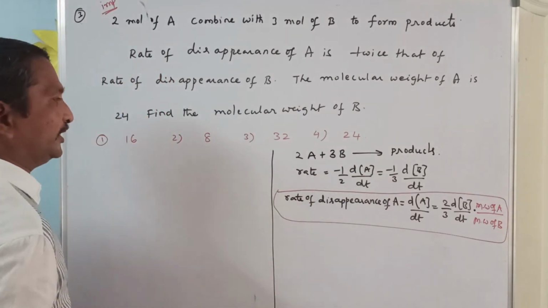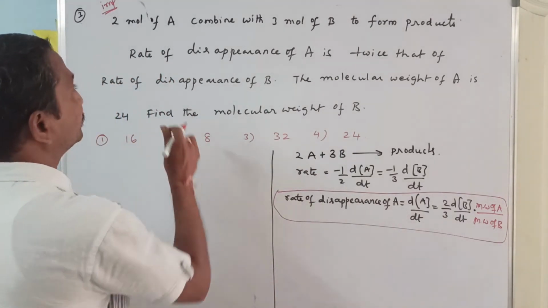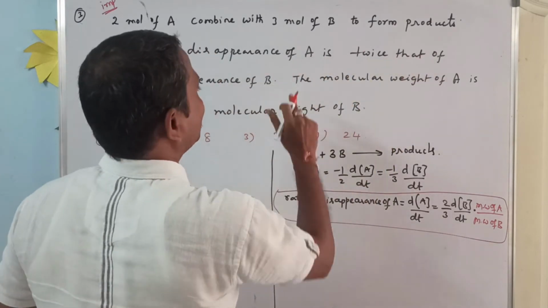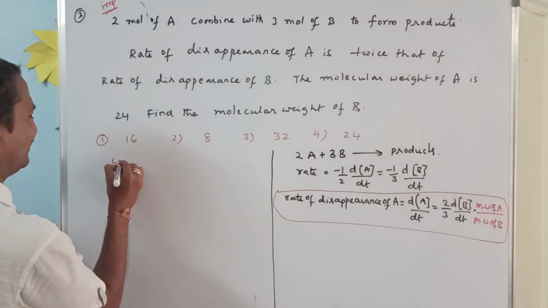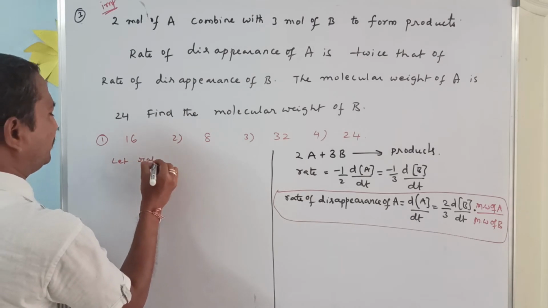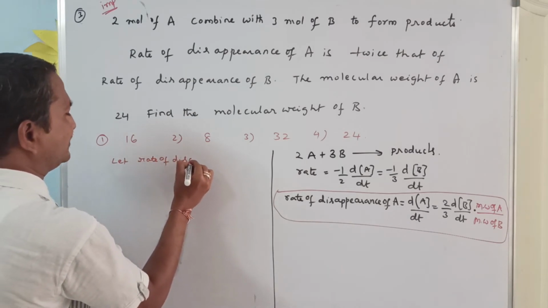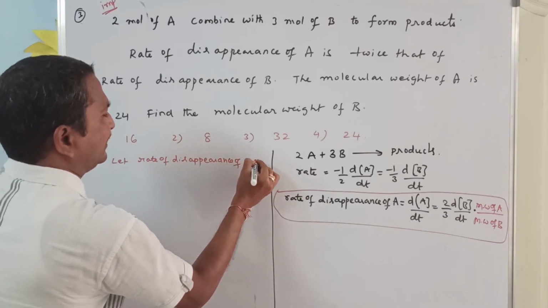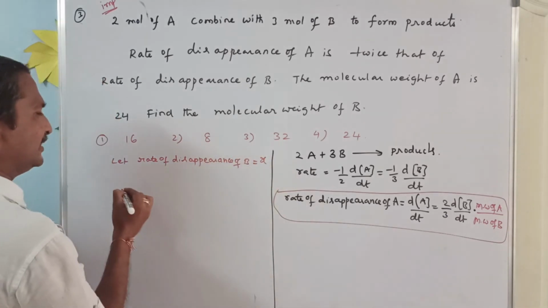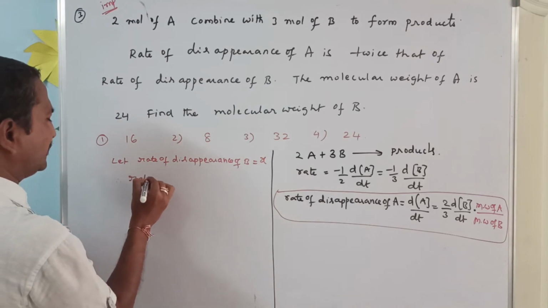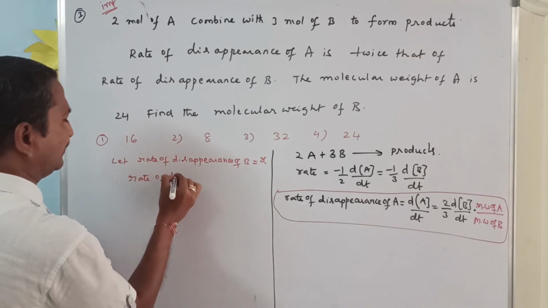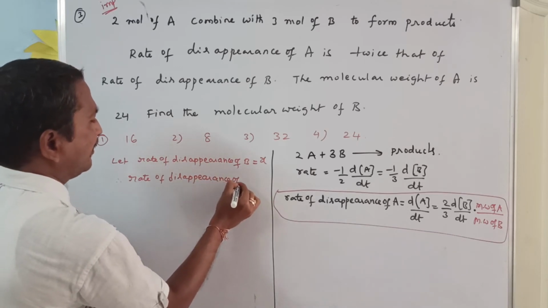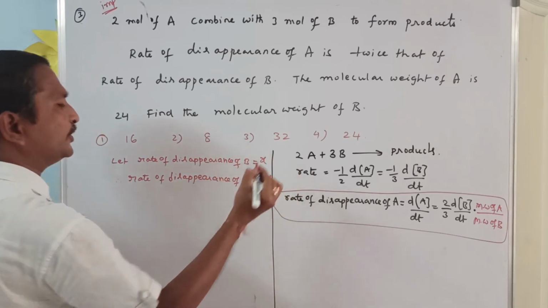Okay, substituting. See this one, rate of disappearance of A is twice that of rate of disappearance of B. Let rate of disappearance of B be equal to x. Therefore, rate of disappearance of A is equal to how much? 2x.